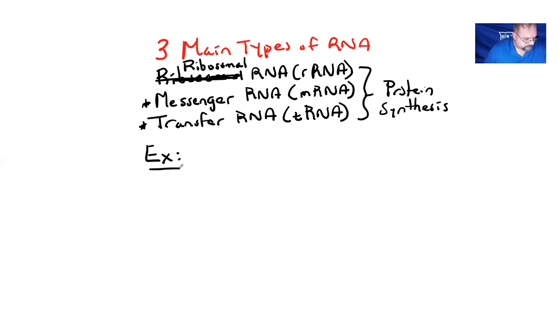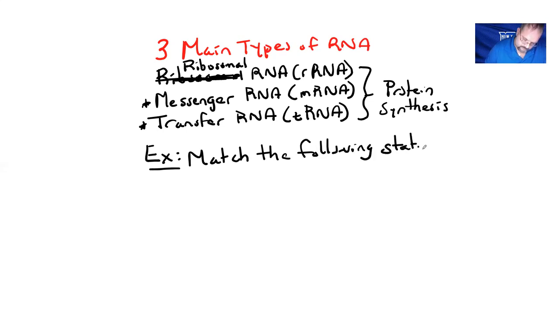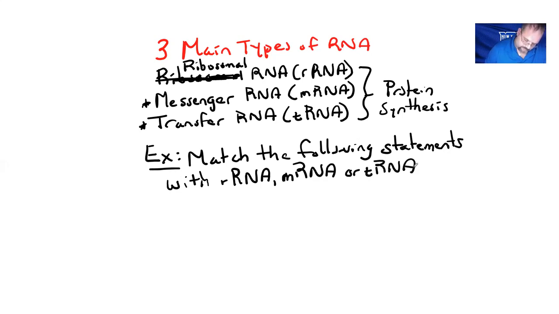In this question, we want to match the following statements with ribosomal RNA, messenger RNA, or transfer RNA.